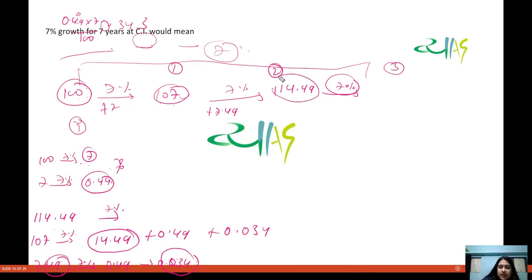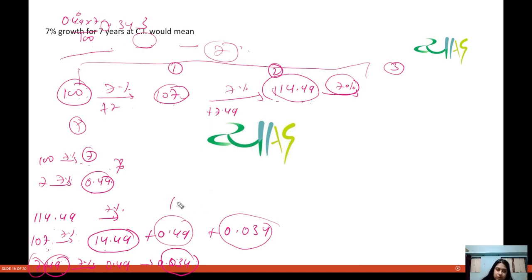So see, we have this 114.49. We took its 7%. So we already know that 7% of 107 is 14.49. Then we know 7% of 7.49: 7% of 7 is 0.49, and 7% of 0.49 is 0.034. Now we just have to add this.